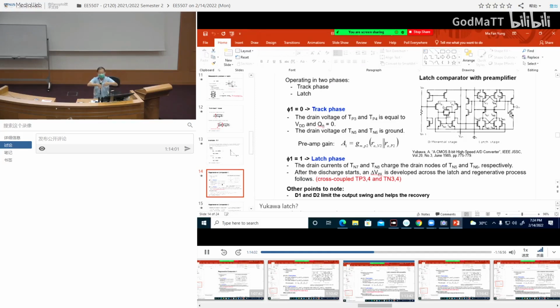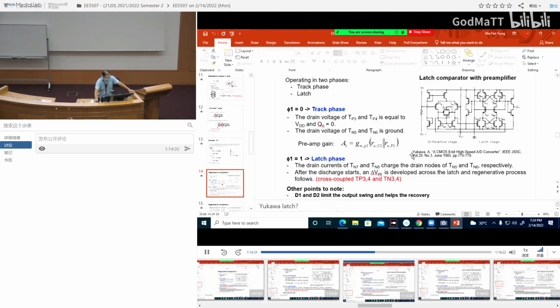So the top part and the bottom part are isolated. And if you assume that these two voltages are high enough to turn this on, it means that these two parts will be pulled to ground. So during the track phase, the two outputs are pulled to VDD, and the two outputs on the lower side will be pulled towards ground.